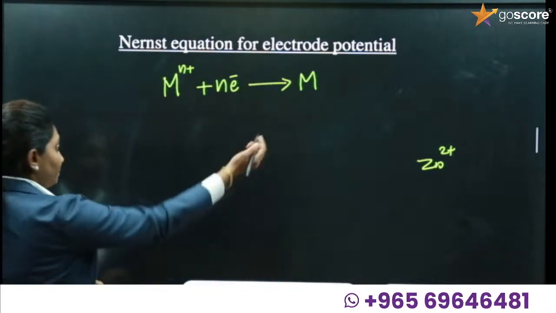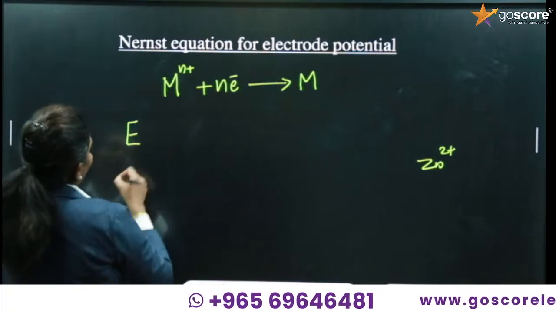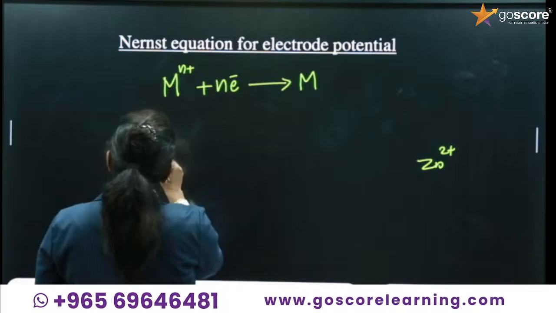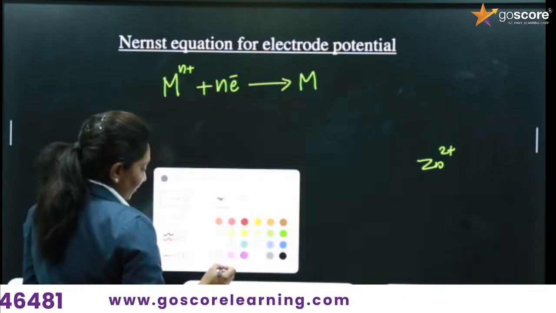Okay, so for this, the electrode potential is E, the electrode potential of the metal electrode, not for the cell.